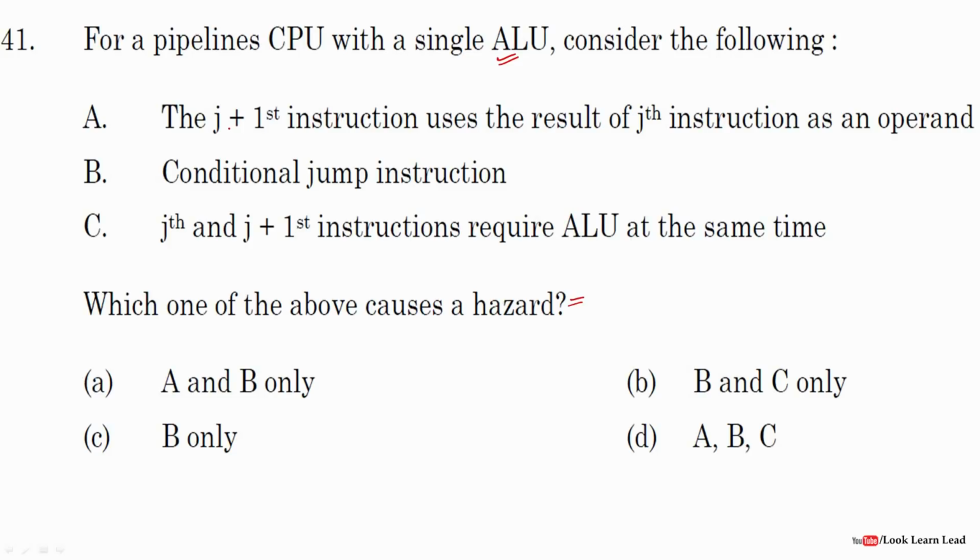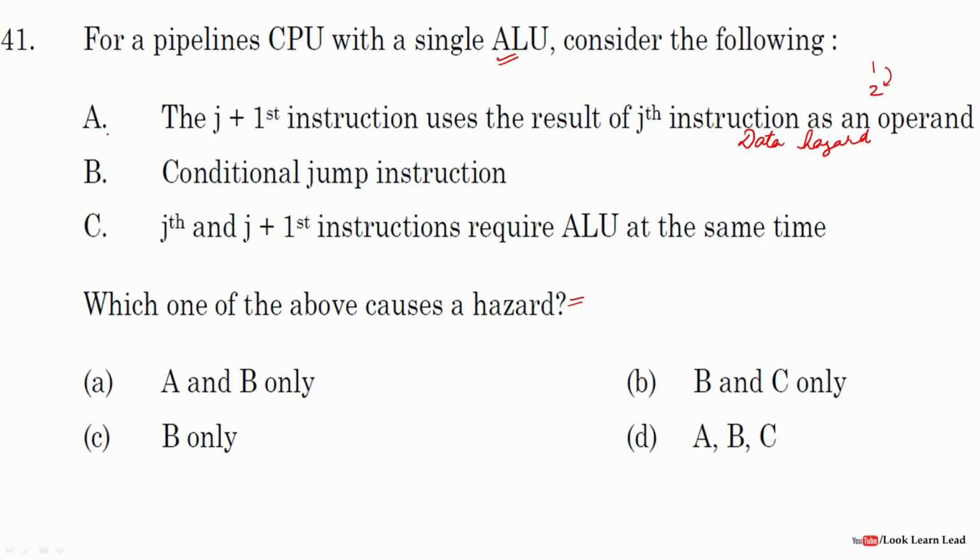So let's move on to the first option, A: the J plus first instruction uses the result of the Jth instruction as an operand. This is a data hazard, because suppose the second instruction is dependent on the first instruction, so it is a data hazard.